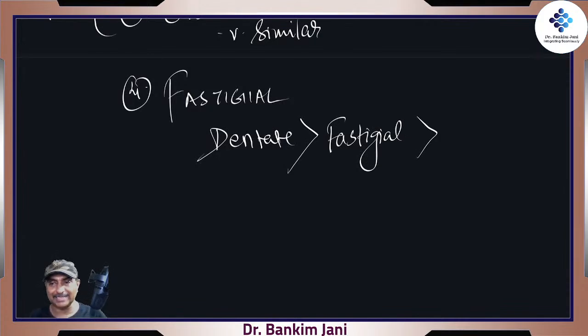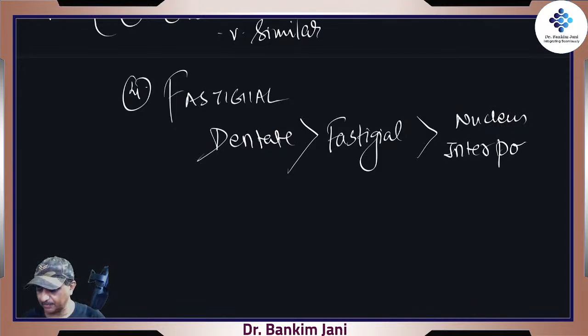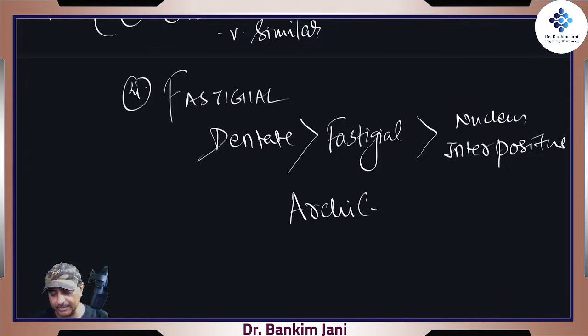And the smallest are the nucleus interpositus, meaning both of them, emboliformis and globose. And this is part of the very old archicerebellum.